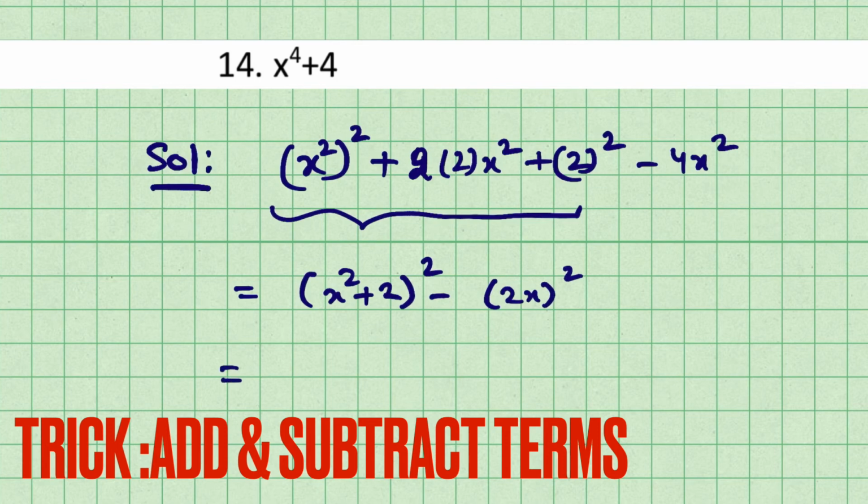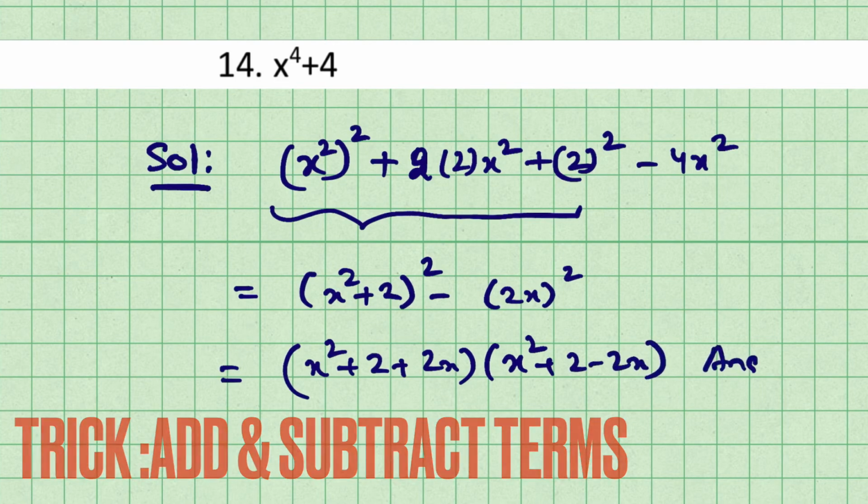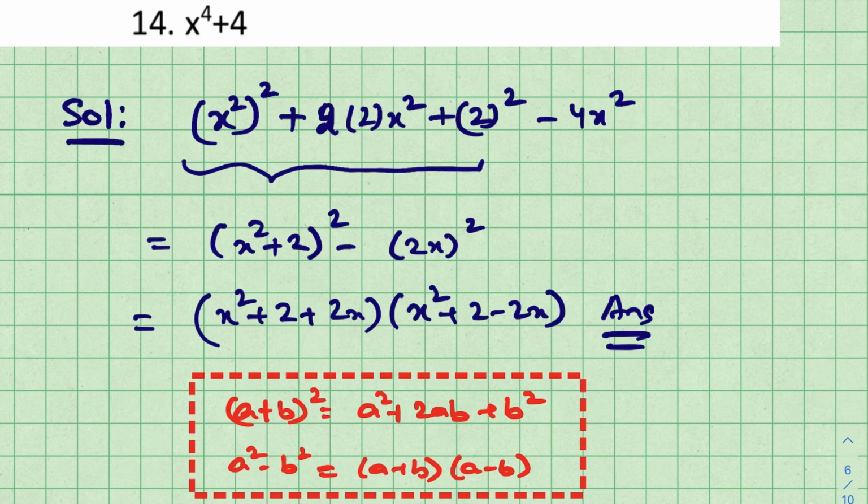What we are observing here is a square minus b square. We know that a square minus b square is (a plus b) into (a minus b). So that is the final answer.